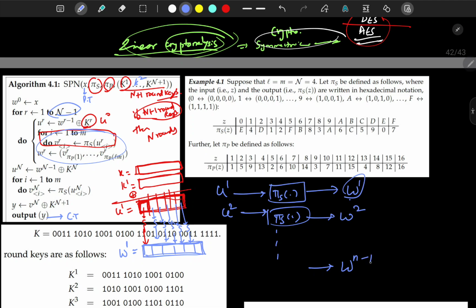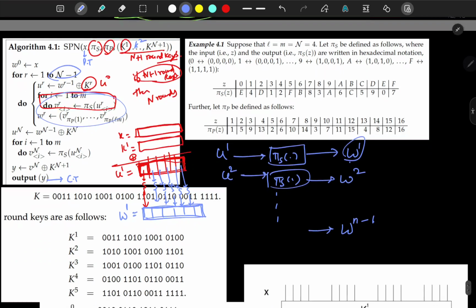Finally, we take the last one and the nth round key, XOR it, and produce un. To get this we are doing this much activity. After that we iterate through each block again, applying phi of s on un.